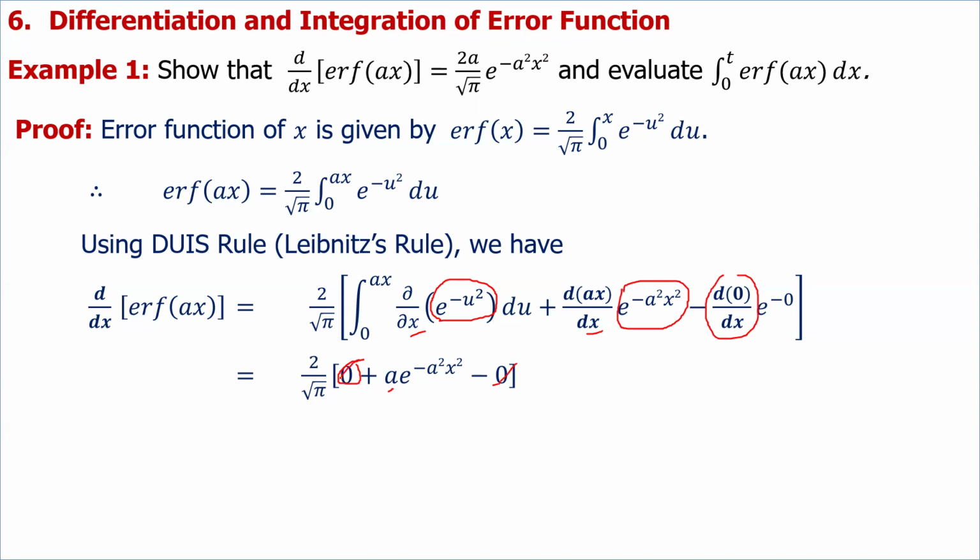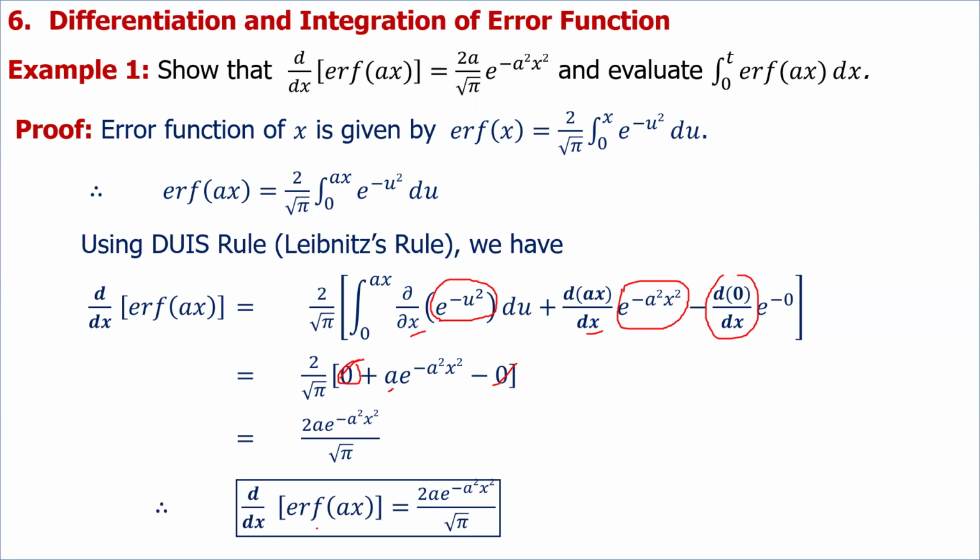These two things will be 0. So now we have 2a e to the power minus a square x square upon root pi. This is the derivative of error function of ax, which is given by 2a into e to the power minus a square x square upon root pi. This gives our first result.